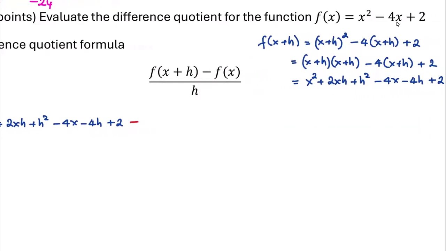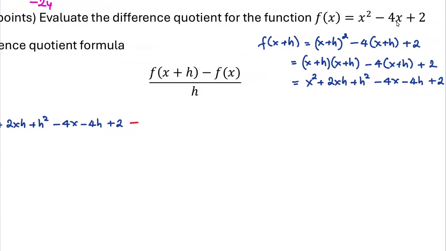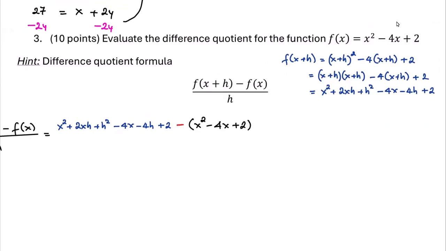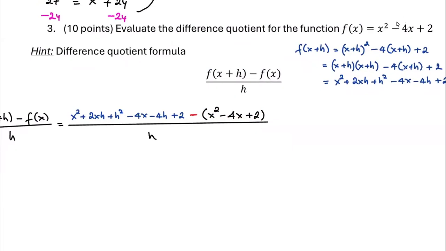F of x is x squared minus 4x plus 2, divided by h. Do you know why I have to put parentheses? Because this is a subtraction, so it will change the sign of every term inside the parentheses when I remove the parentheses.